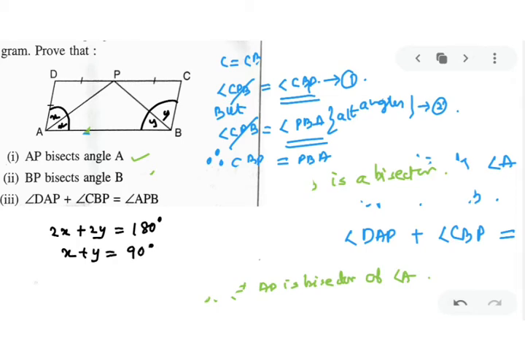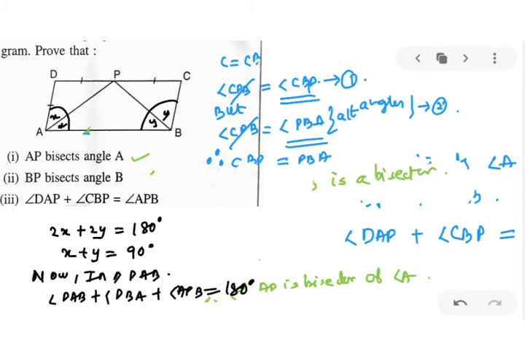Now if I go in triangle PAB, angle PAB plus angle PBA plus angle APB is equal to 180. Angle sum property in a triangle. Now PAB you have already kept x and PBA you have already kept y.